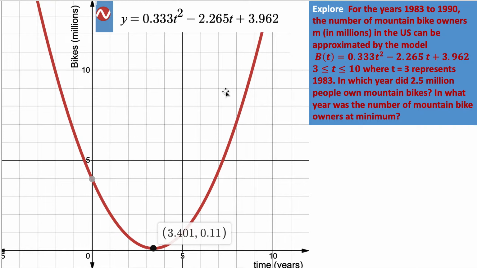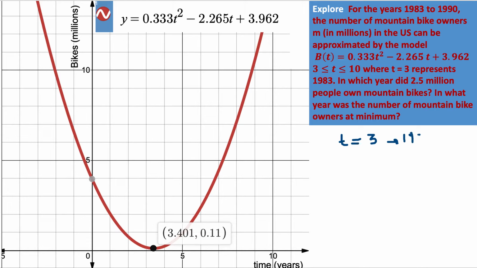Now let's take some basic information. It says when t is equal to 3 represents 1983. So if the time is equal to 3 in the Cartesian system, this represents 1983.